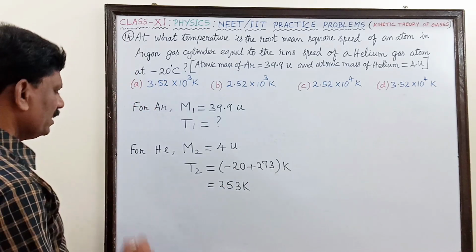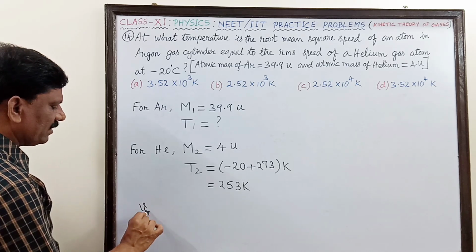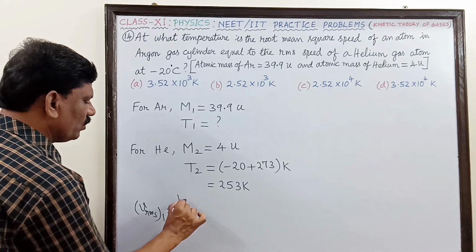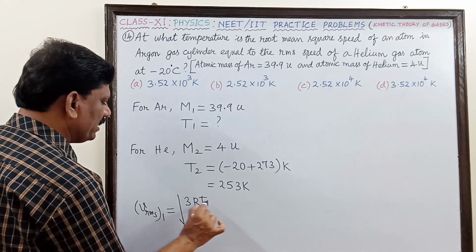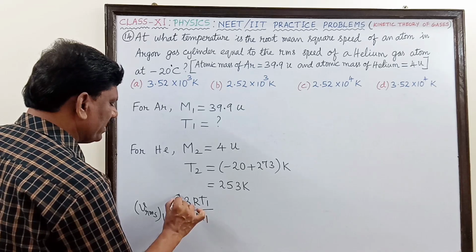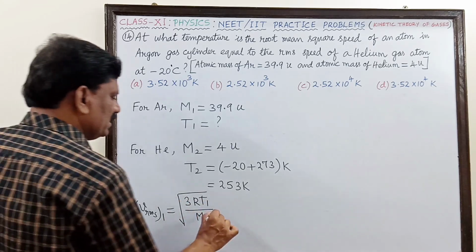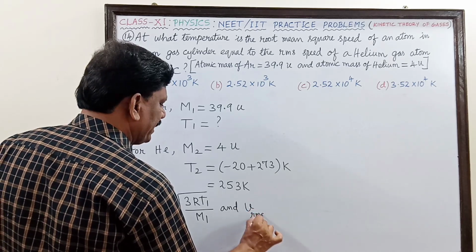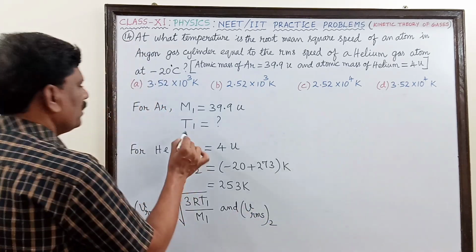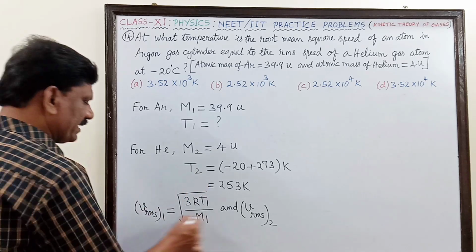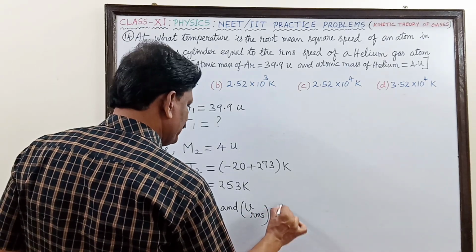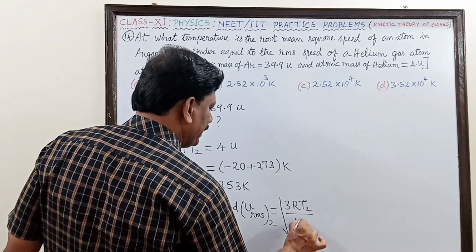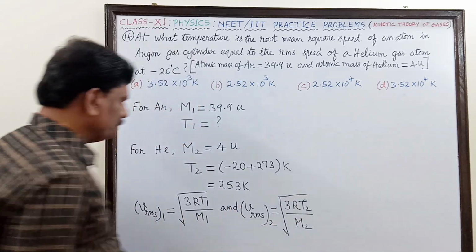Very simple. Now the RMS velocity Vrms for the first gas is equal to square root of 3R into T1 divided by M1. And Vrms for the second gas, helium, must be equal to square root of 3RT2 divided by M2.